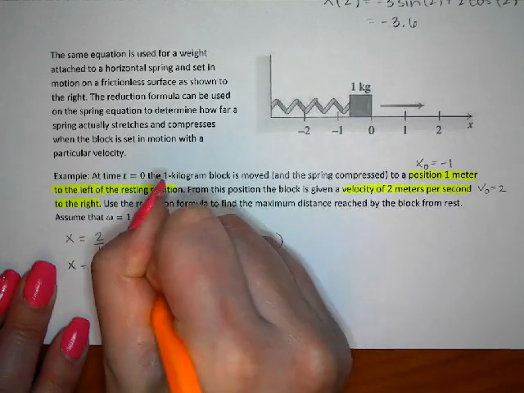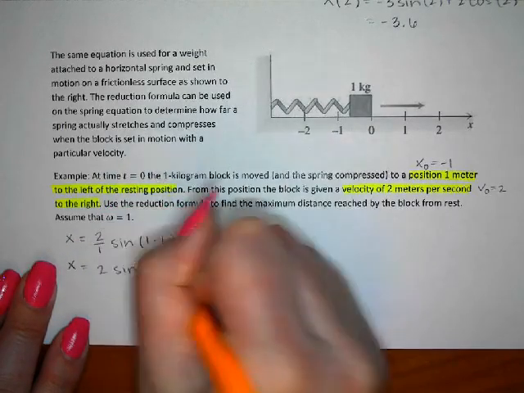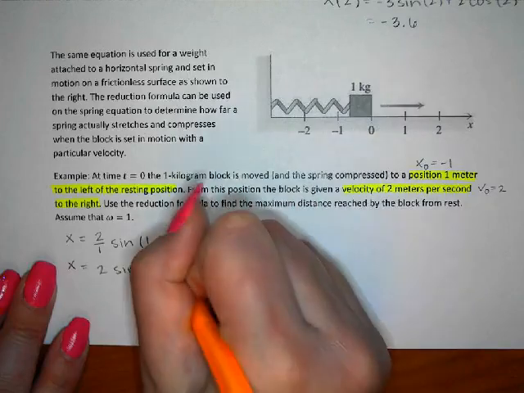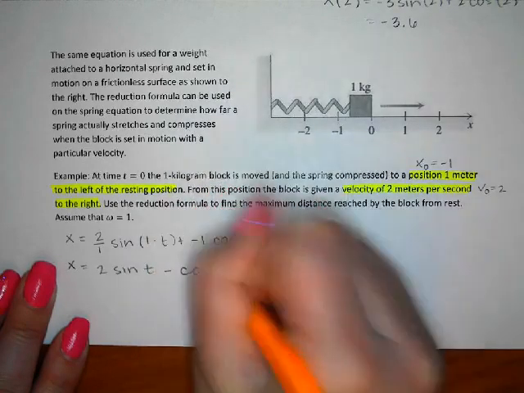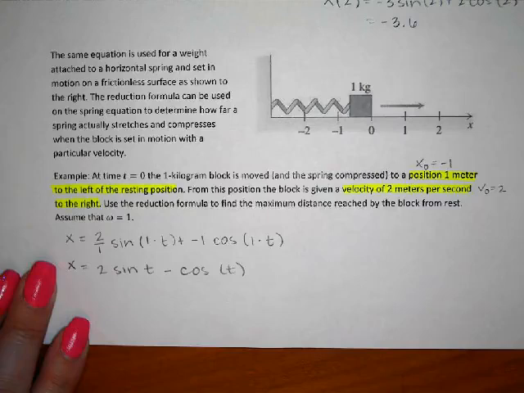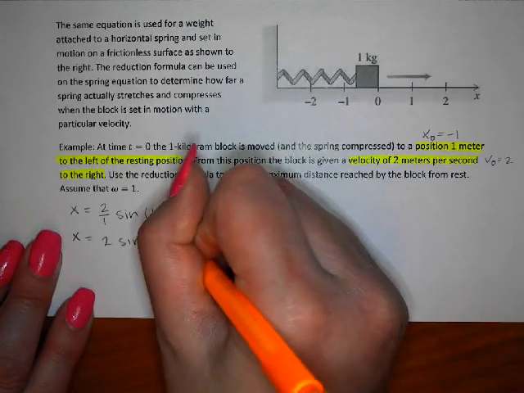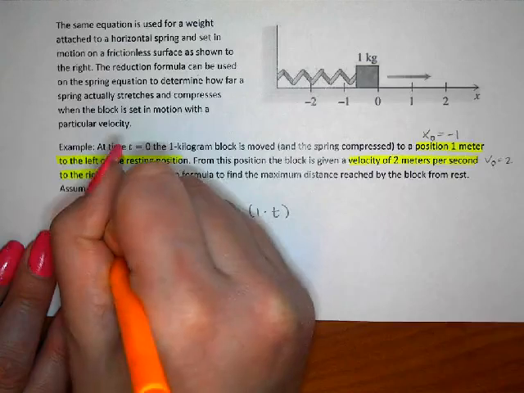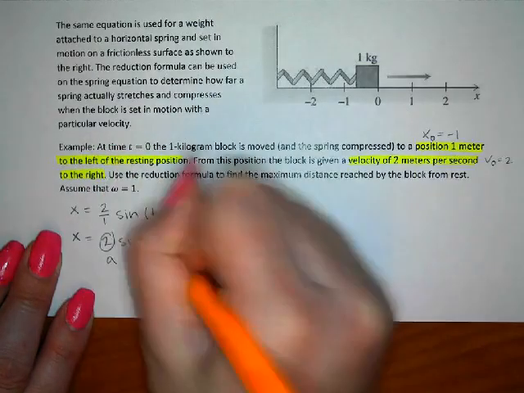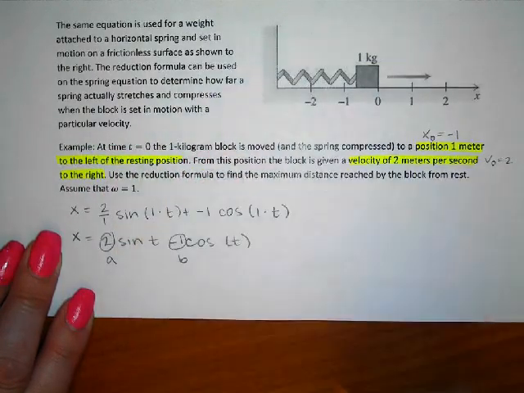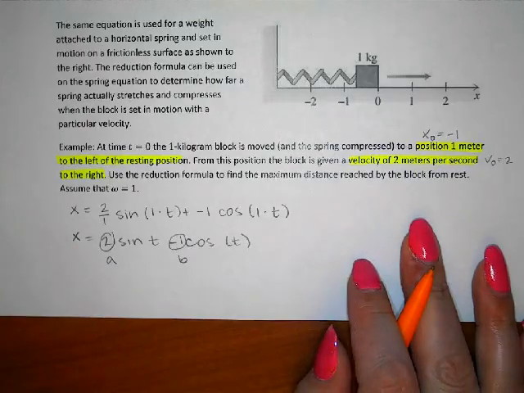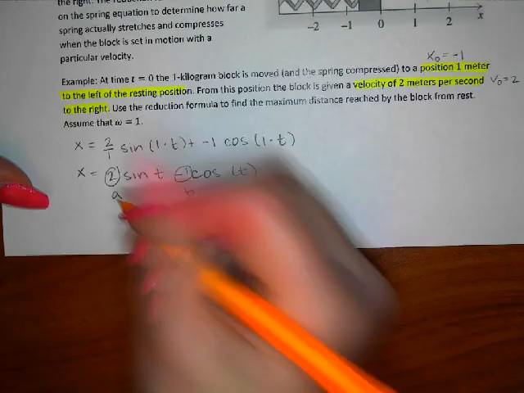There's my formula. And so if I use the reduction formula now, I'll put the 1 in there, that could be helpful. Then that means that my a value is 2 and my b value is -1. Okay, so I'm going to think of my little picture here. Right 2, down 1.